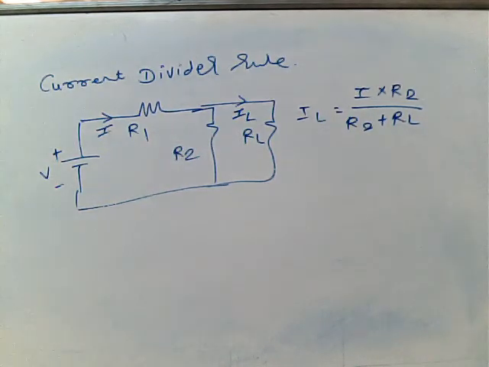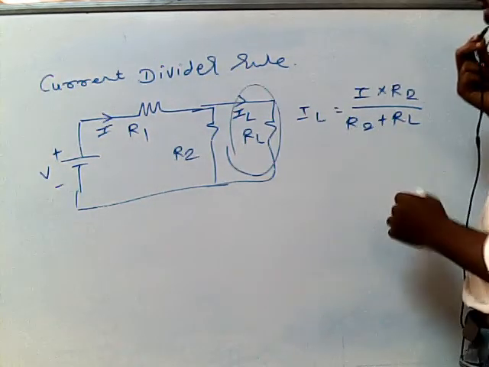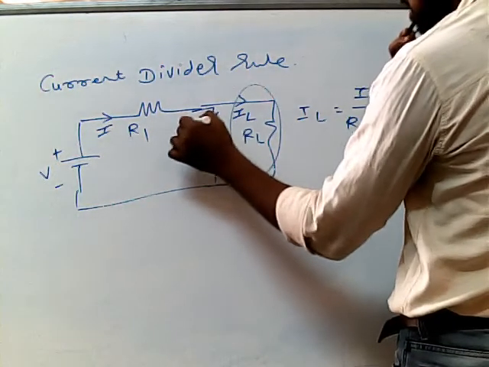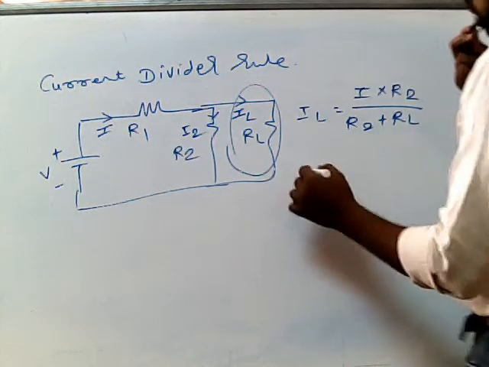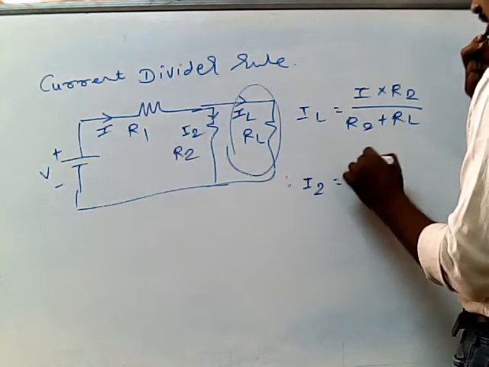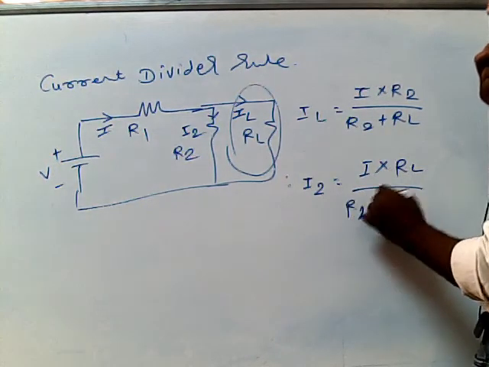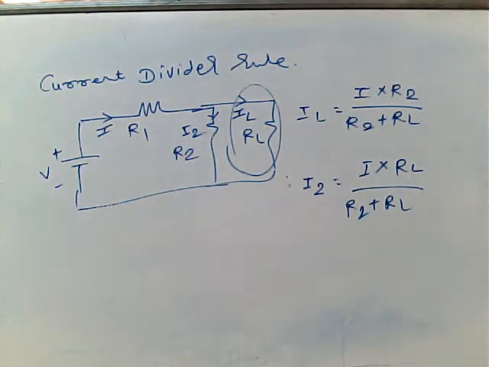So this will give us the current through this RL. Similarly, if I want to find this current, let it be I2, then I2 will be equal to the total current again into the opposite resistance, that is RL divided by R2 plus RL. This is the way in which we can find the current.